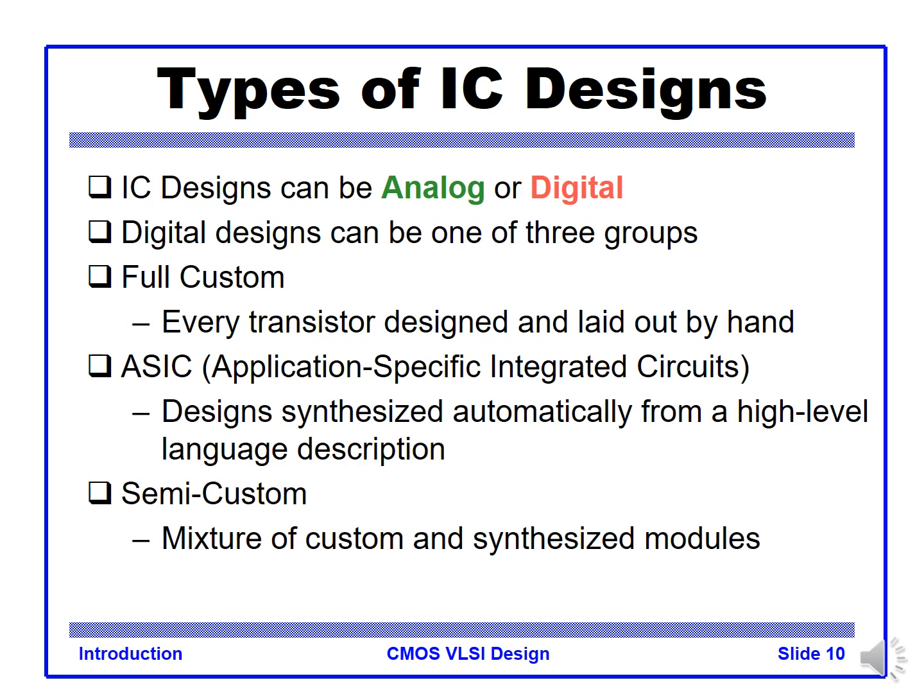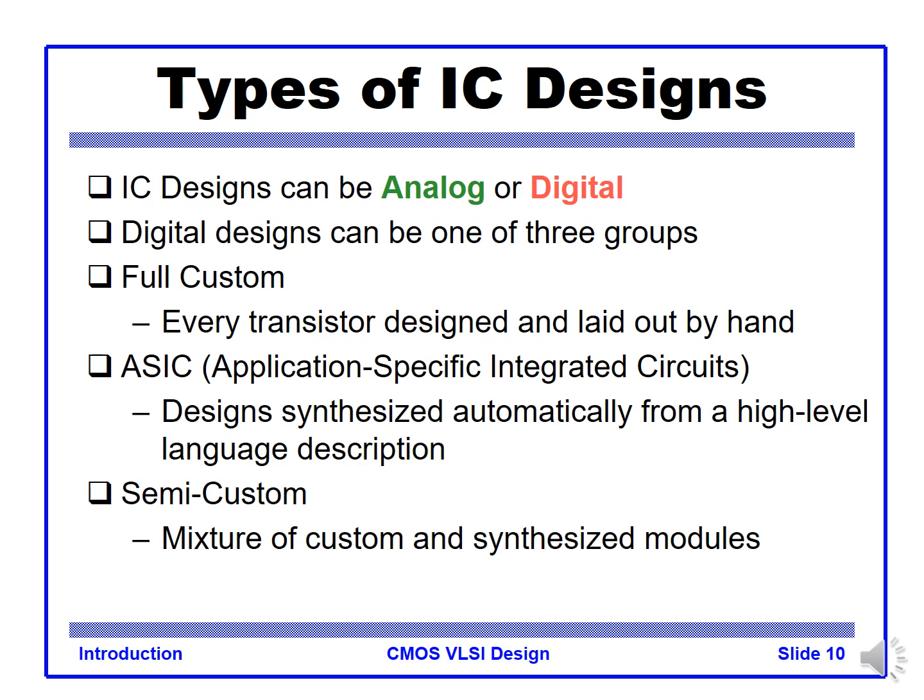Let me briefly start with typical IC design. IC design can be either analog or digital or both. Typically, we are dealing with full custom design or ASIC, application specific integrated circuits. We design a digital block with a CAD tool.